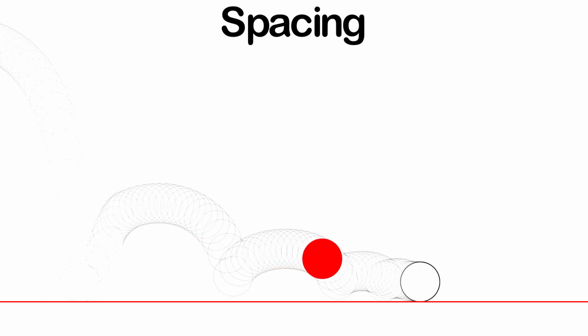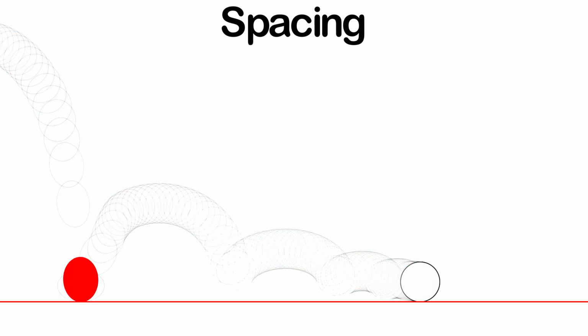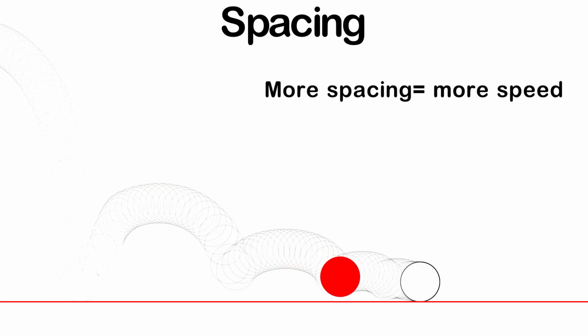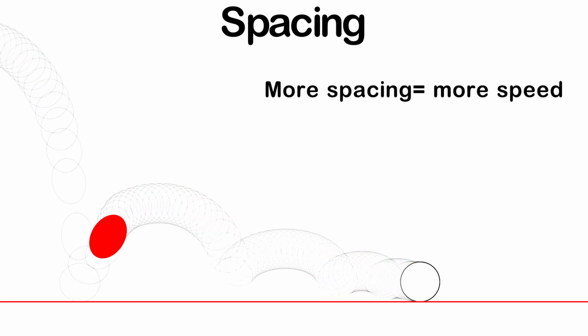And at the point where it should be at its maximum speed, accelerating until it strikes the ground, its spacing is maximum. So from all this we can conclude that the more the spacing, the faster the animation will appear, and the less the spacing, the slower the animation will appear.